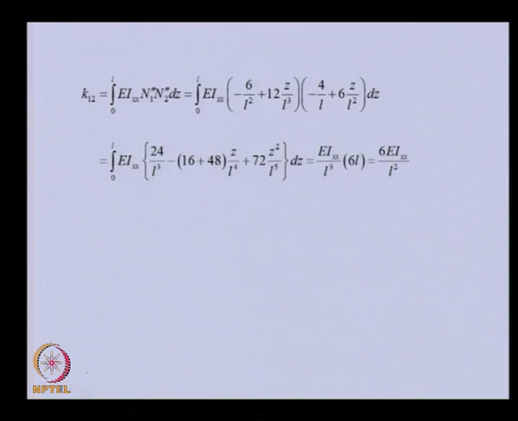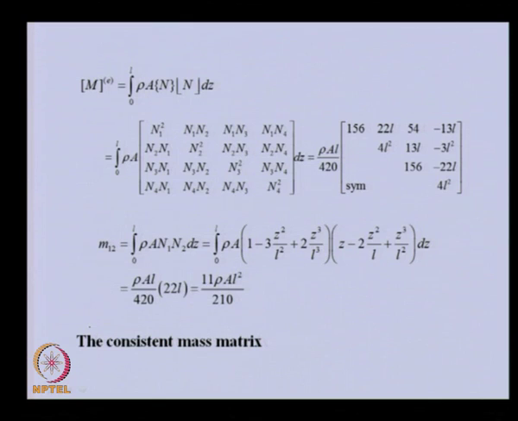Now, let us see a typical stiffness element, let us say k12. We need to substitute the corresponding shape function and its second derivative, and if we integrate, we will get that particular term. Similarly, we can integrate other terms. Now, coming to the mass matrix, we have these two multiplications.